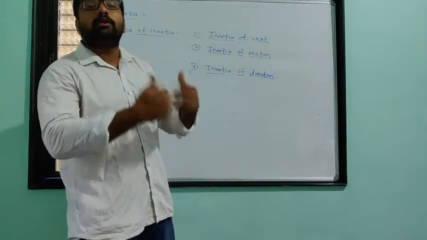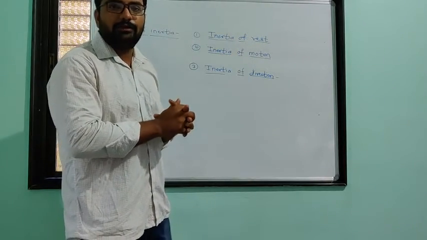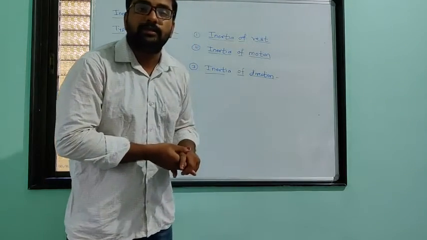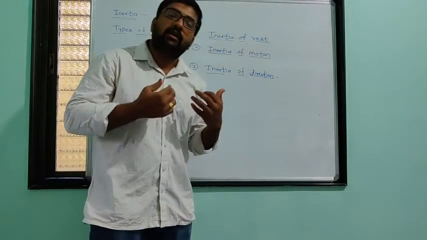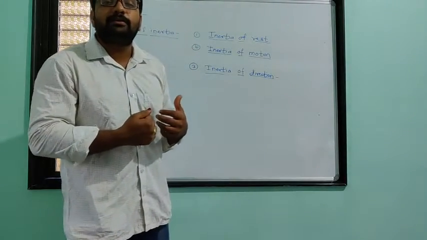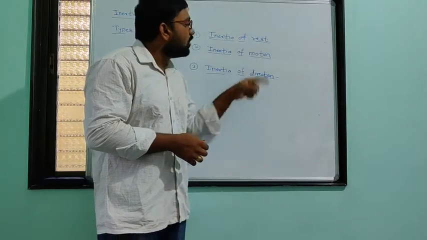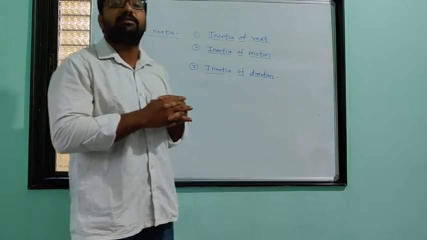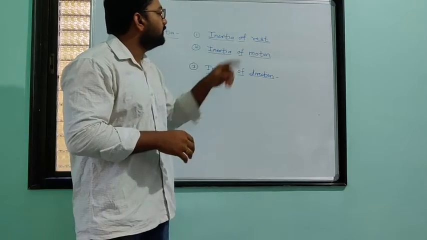It wants to continue in the state of motion. So that is why we do not stop at the exact mark of 100 meters. That is simply the inertia gained by an object due to its motion, and that inertia is called the inertia of motion.